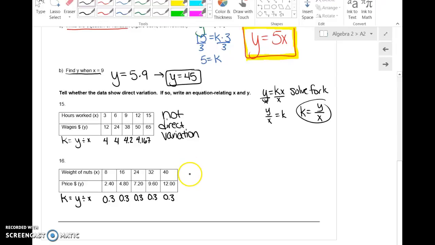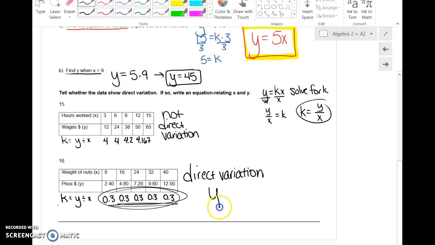So yes, this is direct variation. Then they want us to write an equation relating x and y. Well, by checking to see if there's a constant of variation, we figured out what our constant of variation was. So y equals 0.3x. Done.